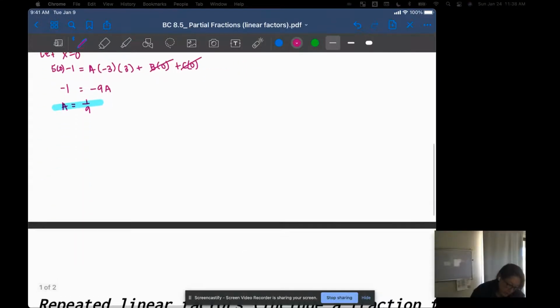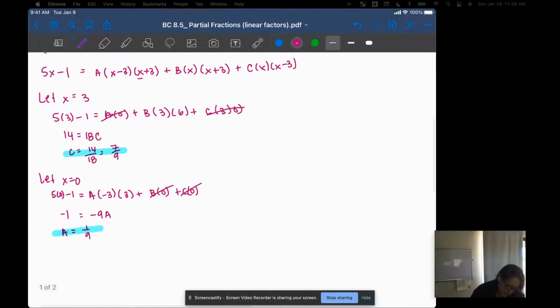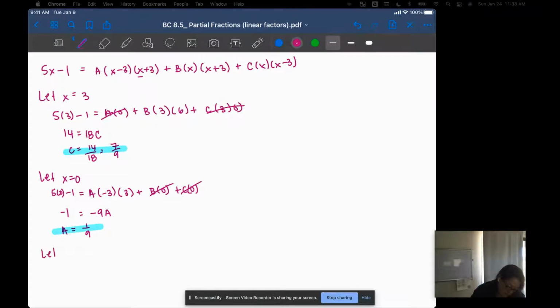And lastly, we shall let x equal negative 3. So 5 times negative 3 minus 1 is equal to a times, looks like when I plug in negative 3, that gives me a 0.